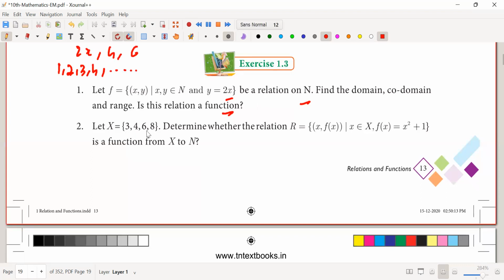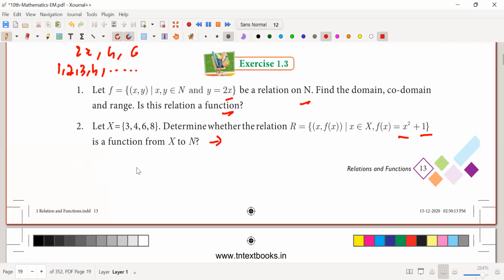Here x equal to 3, 4, 6, 8. Relation f of x equal to x squared plus 1, a function from x to N, natural numbers. So 3 squared plus 1: 9 plus 1, 10. 16 plus 1, 17. 36 plus 1, 37. 64 plus 1, 65. x squared plus 1.